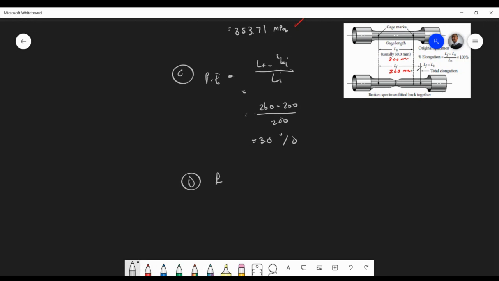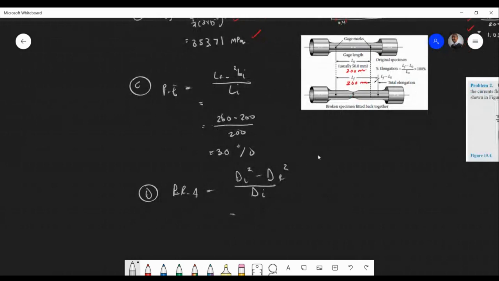The percentage reduction in area is going to be D initial squared minus D final squared, over D initial squared. Or we can have D1, D2, doesn't really matter. And of course, the idea here is the greater the reduction in area, the more ductile it is.